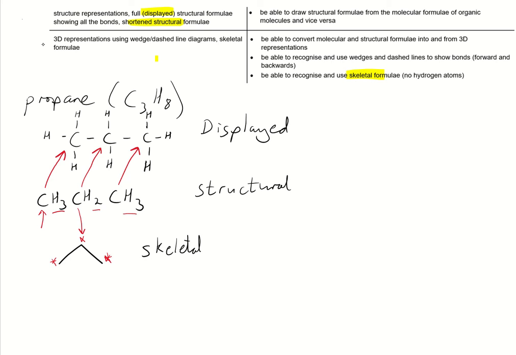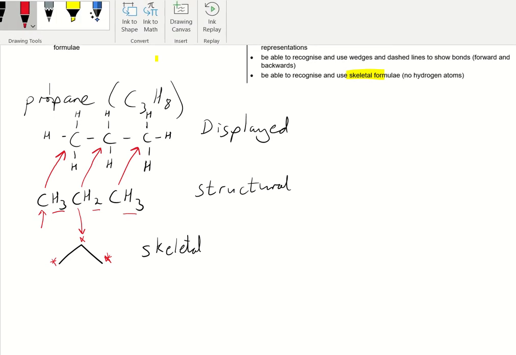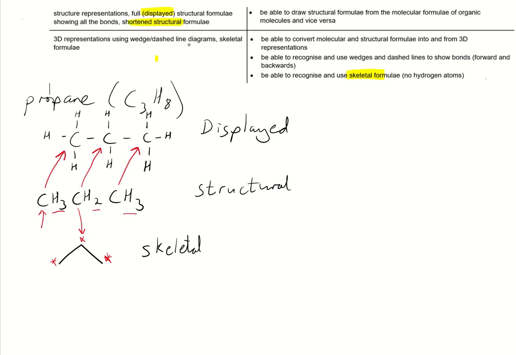Because it's got a carbon coming off to its left and a carbon coming off to its right, and I know carbon's got 4 bonds, then I can work out there must be 2 hydrogens attached to that carbon in the middle. So we've drawn it displayed, the shortened structural, and the skeletal.